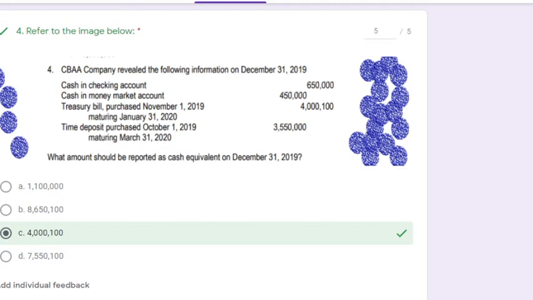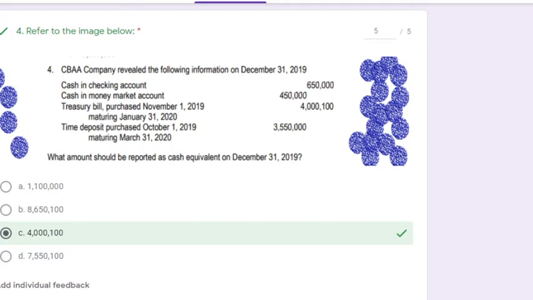Next, time deposit, purchase October 1, maturing March 31. So, October siya binili. So, October ang count niyan. October, November, December, January, February, March. So, 6 months siya before the date of maturity. So, time deposit na 3.55 million is not considered as a cash equivalent.